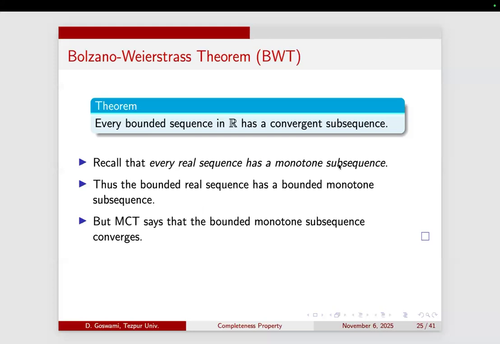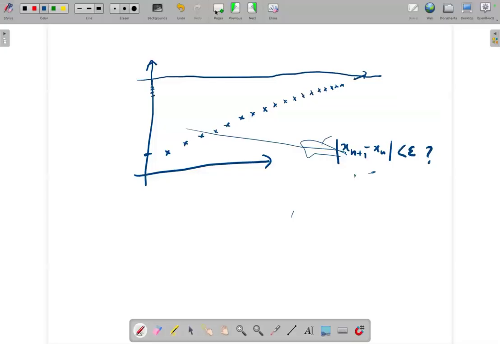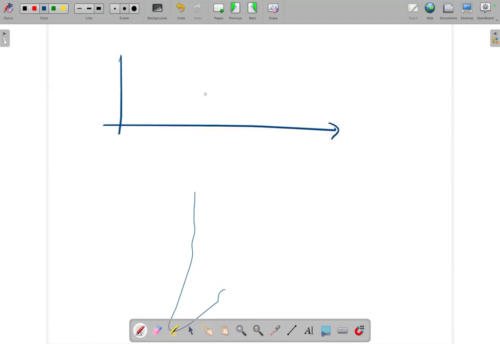So please allow me just 1 minute, and most probably I'll give you some idea why any sequence has a monotone subsequence. So let's say my sequence is decreasing, then it anyway has a decreasing subsequence. The subsequence is the sequence itself.